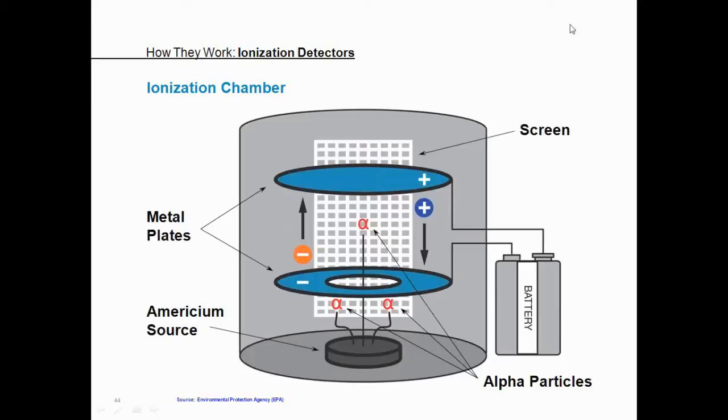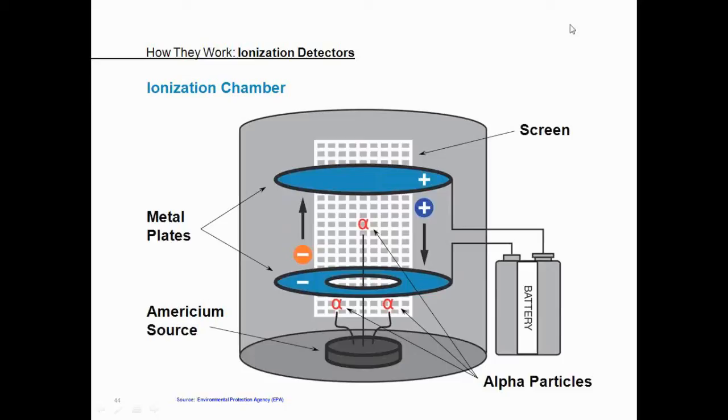When smoke is present, the small size smoke particles get into the ionization chamber and bond with the radioactive material inside the detector. This causes a disruption in the current. The smoke particles bond to the ions and change the charge of that ion. The smoke detector then senses the drop in current between the two metal plates and will send an alarm signal. So obviously, ionization detectors are a little bit more complicated.